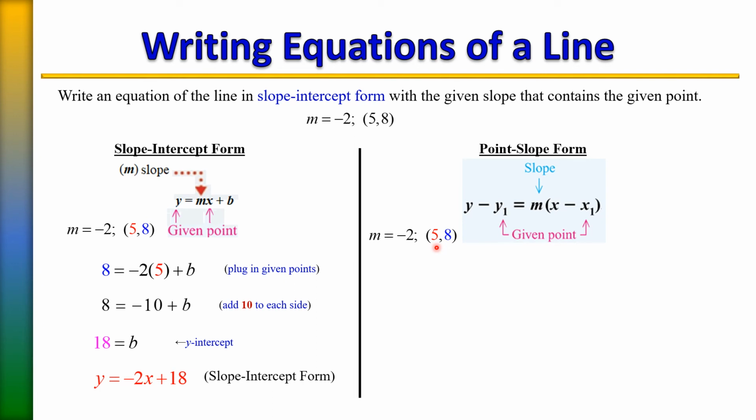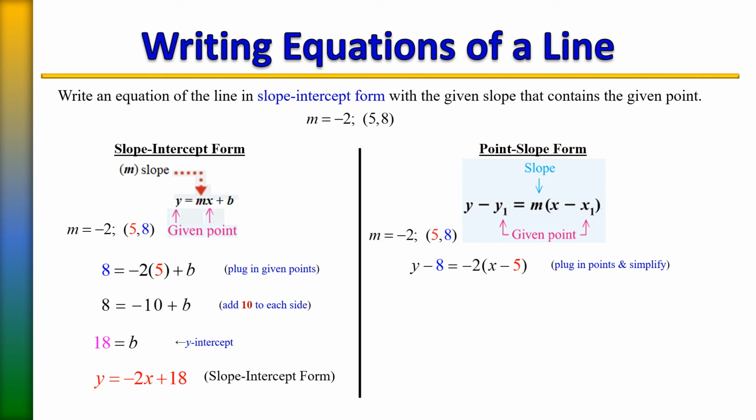So let's go ahead and find x sub 1 and replace it with 5. Let's find y sub 1. Since you have an 8 in y's place, y sub 1 would be 8. So once we plug in those given values, it's going to look like so.